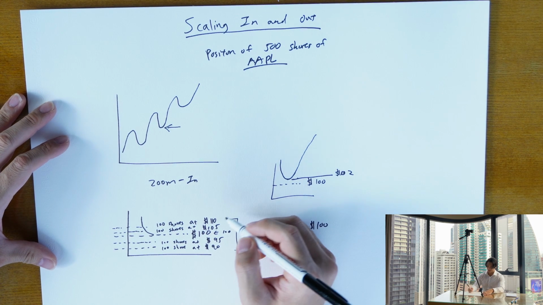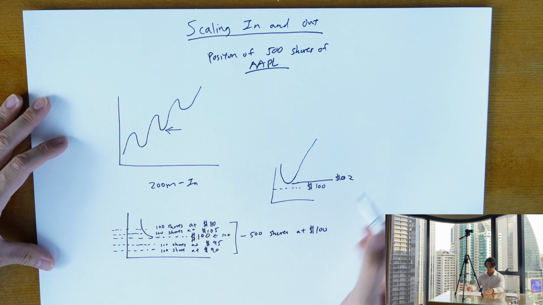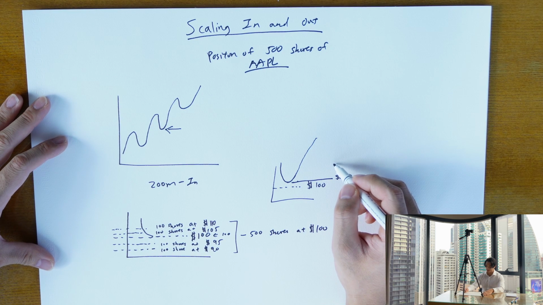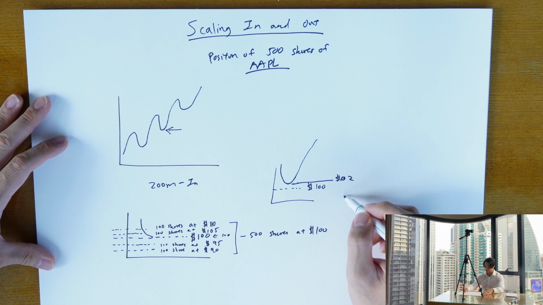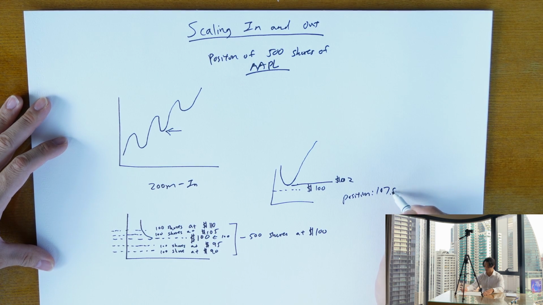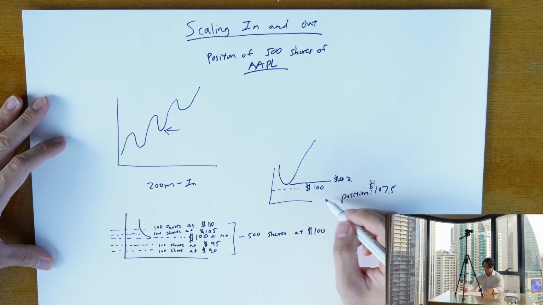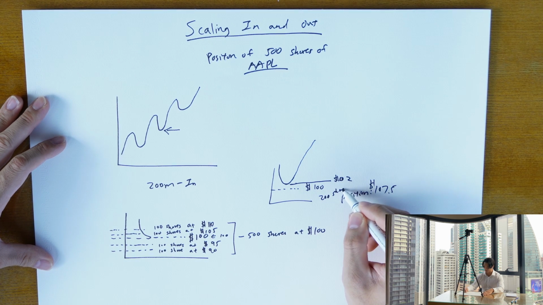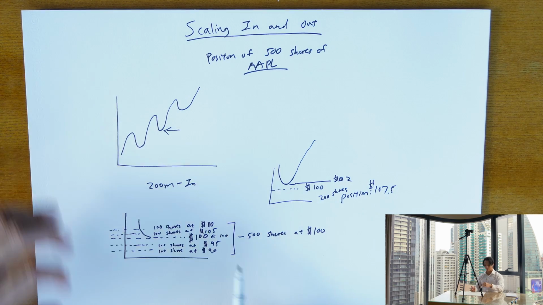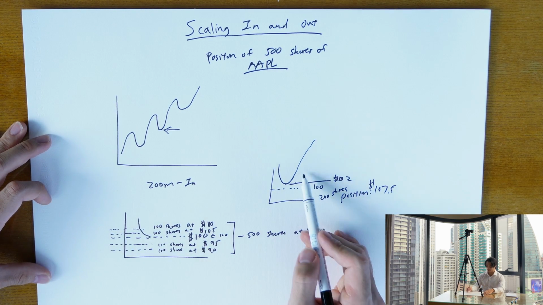In this case, if I have a buy order at $110 and $105, at least I will get a position of 107.5, right? A 200 share position at 107.5, assuming I have these orders and two of them hit, right?